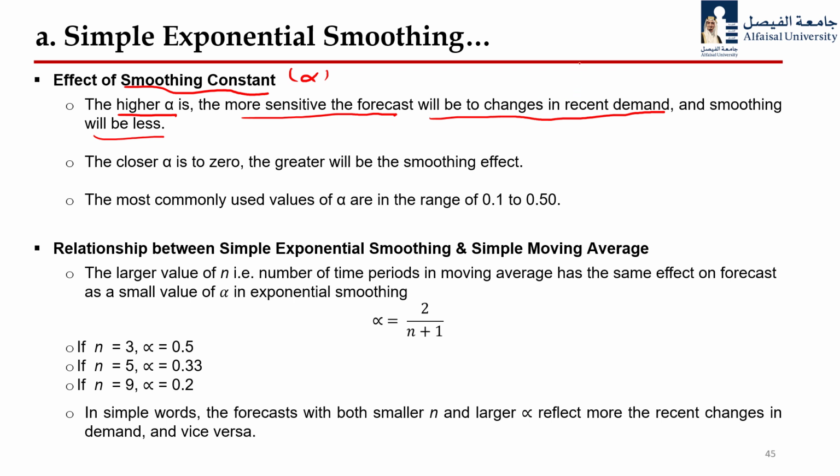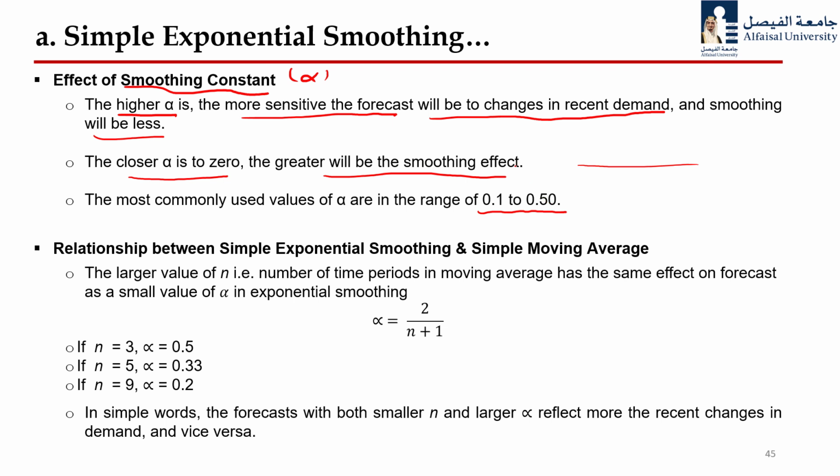That means it is not going to be a straight line, but it captures the exact fluctuation in the data. The closer to zero, which means the smaller the alpha, the greater the smoothing, which means more of a straight line we are going to get. Most commonly, the value of alpha we use is within this range.